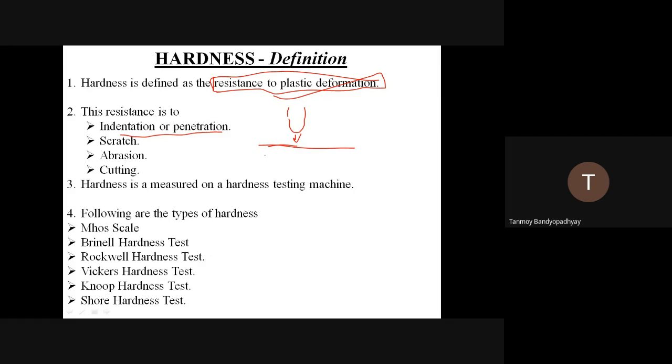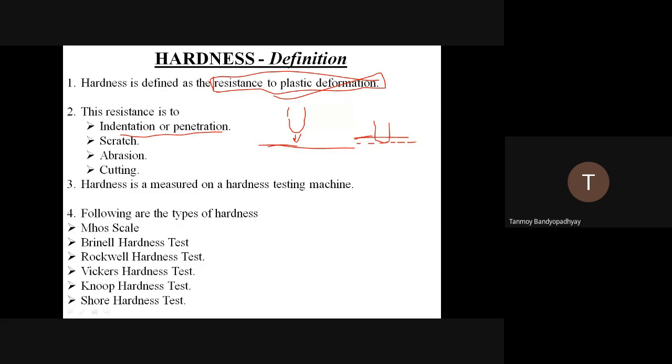If I draw the final shape here, there will be a certain penetration on the surface, something like this. This is the final depth of penetration. The applied load is in a direction perpendicular to the surface of the specimen, so that you get a penetration depth. So we will only be studying the indentation or penetration hardness.